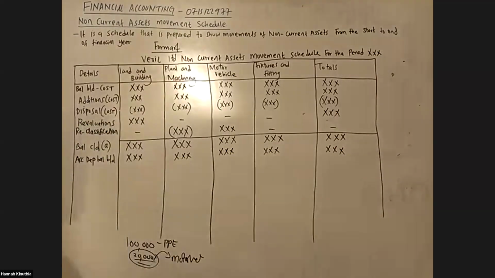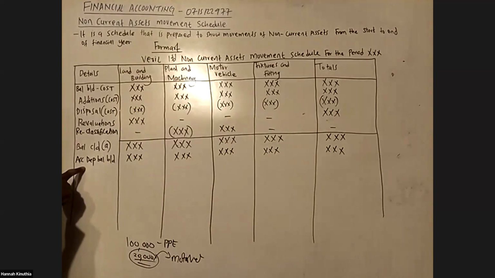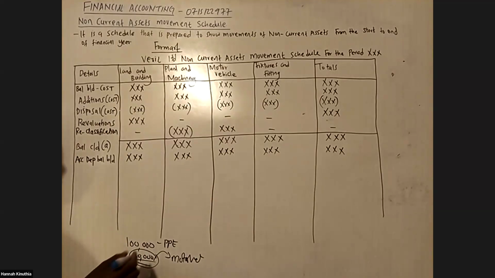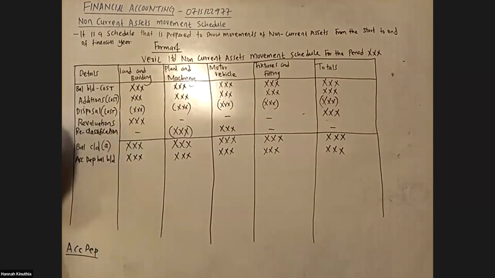So AC means accumulated depreciation. Let me show you somewhere. That one means accumulated depreciation.